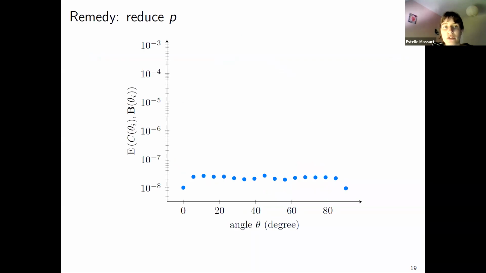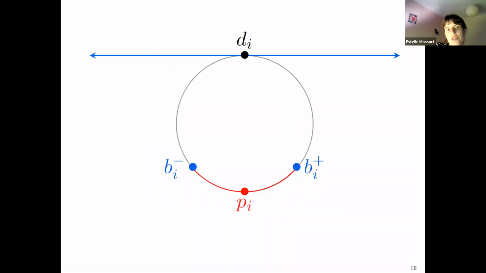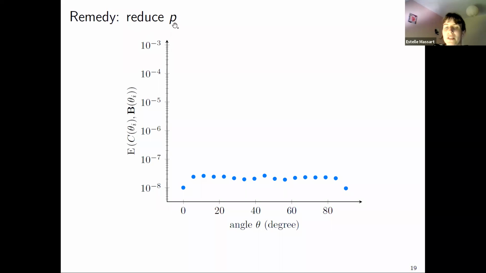A simple remedy for that is just to reduce p, because since the injectivity radius is equal to the p-th largest eigenvalue of the matrix, if you reduce p, you will have a larger eigenvalue and then a larger injectivity radius and less risk of being in trouble. I have to say that in our data, the length of the vectors here was always much higher than the injectivity radius, even for the case where we got no trouble with a smaller p.